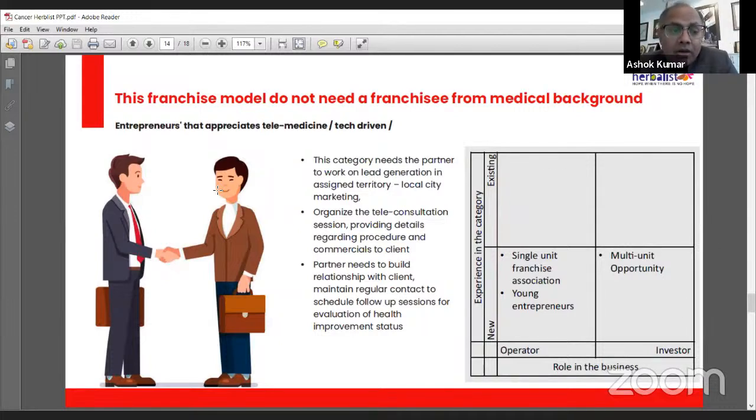He should have the willingness and the passion for clinical services, and want to help patients with this advanced herbal treatment. Investment is very low, but my franchisee should also have a better understanding of the local market, where he can acquire these patients.